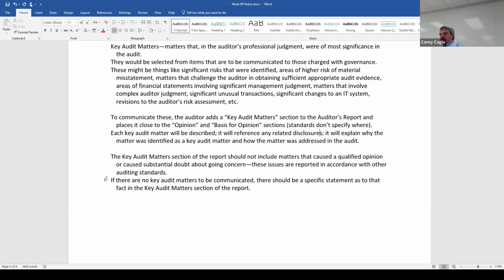If there are no key audit matters to be communicated, again, you've been engaged to report on this, so if there's nothing to communicate, you do state that. It's like, hey, we're engaged to do this. No problems. We're cool, right? So there'd be a specific statement in the key audit matter section of the report. New area, brand new.